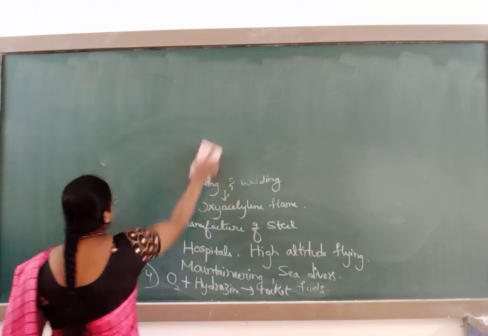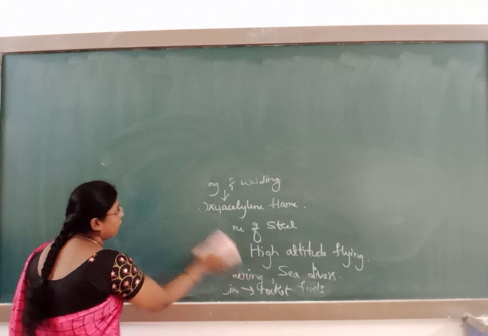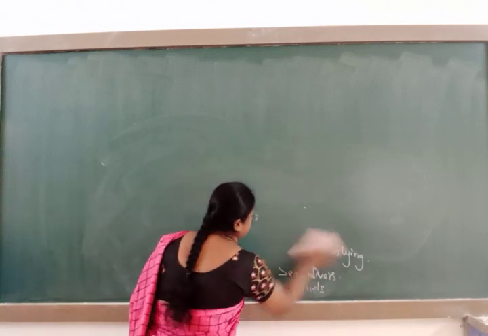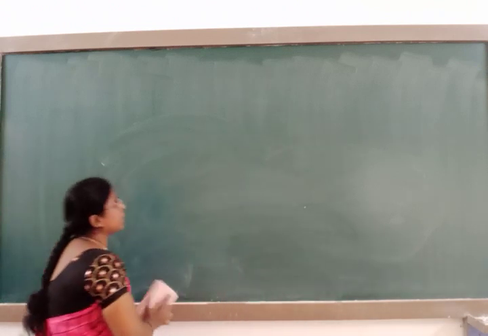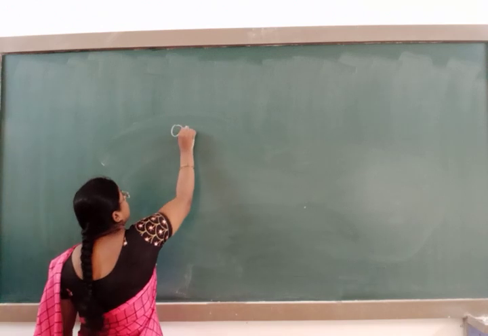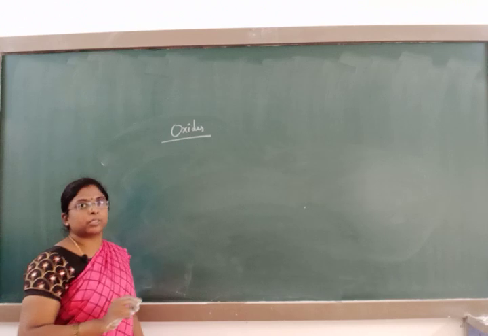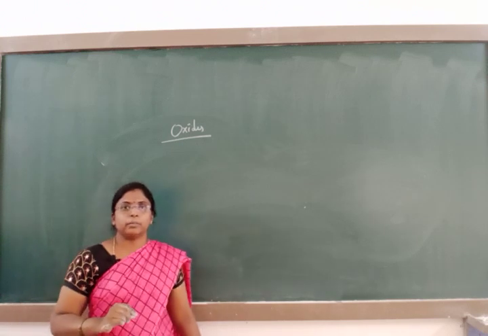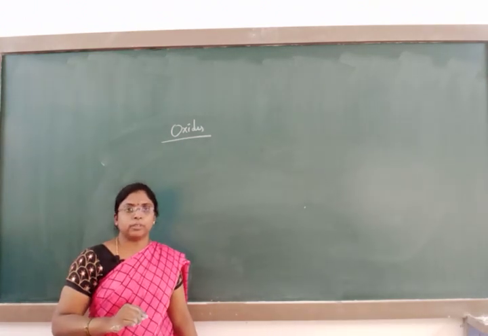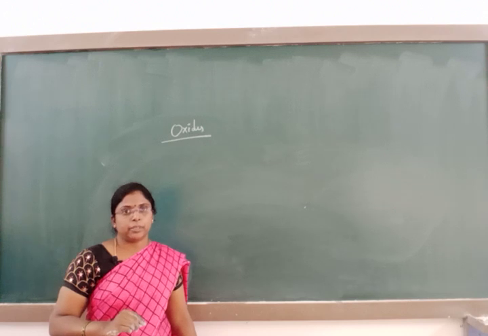After dioxygen, next come the simple oxides. In general, what are oxides? Oxides are the binary compounds of oxygen with other elements.